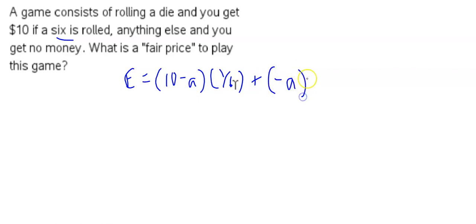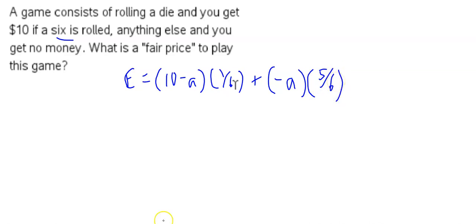So I guess we could say you get 10 minus A, the amount, times the probability of winning, which is if a 6 is rolled, so that'd be 1/6, plus, I guess you get the negative amount. So if you lose, whatever amount you bet times 5/6. So 5/6, you're going to lose 5/6 of the time.